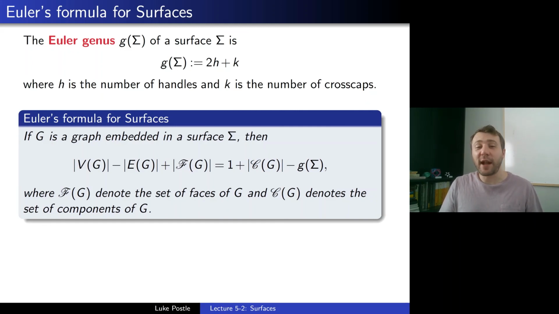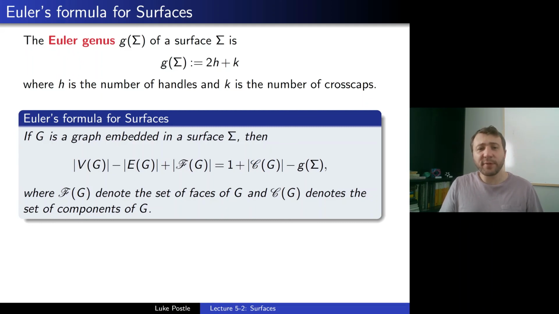But for graphs embedded on surfaces, we get this extra minus genus term. I won't prove that; it's similar to the proof of the normal Euler's formula for the plane. But that's nice, right? So you get 0 for the sphere, and then 1 for the projective plane that you're subtracting, and then more generally the genuses: 2 for the torus, 2 for the Klein bottle, 3 for N_3, and onward.